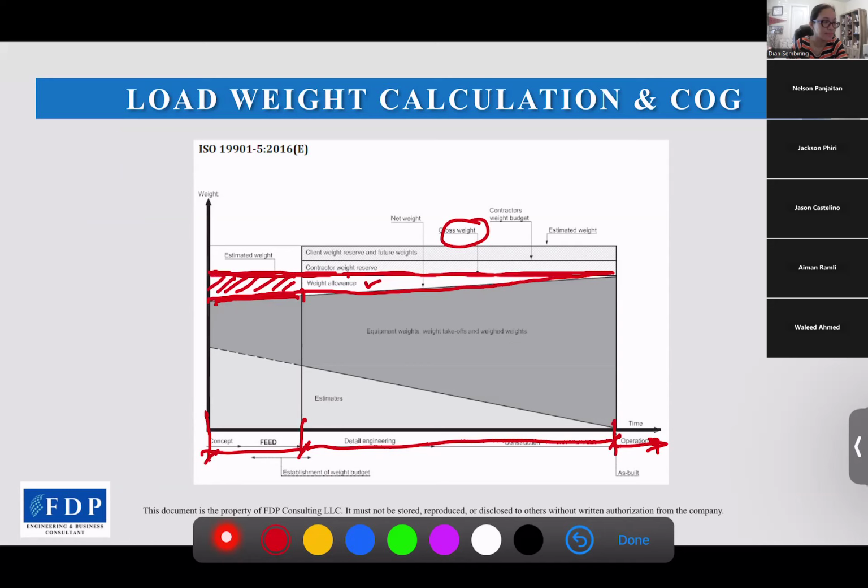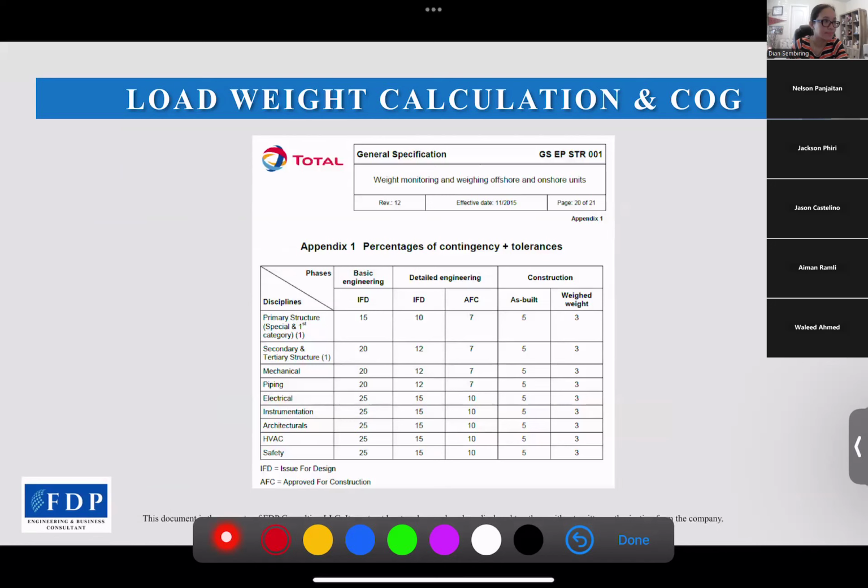If we continue with this contingency factor, I refer to the total specification, and I believe there is the same kind of factor from DNV or ISO. If we look here, the basic design has a bigger factor than the detail engineering and the construction.